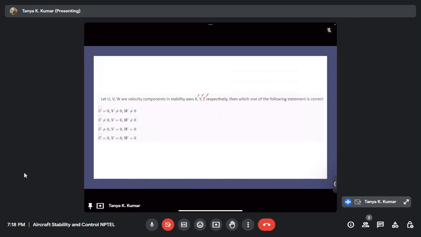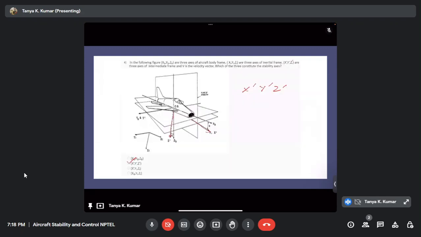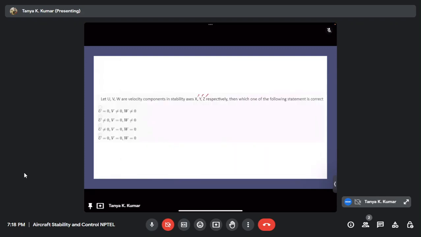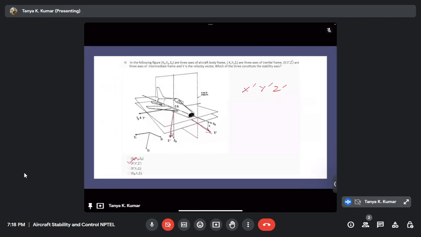So if it's aligned to the velocity vector, it's v. Now if it is aligned to the velocity vector, will it have components in other directions? In the x dash direction, that is u, will not be 0 because it is aligned to that. So in the y dash and z dash directions, what will be the components?